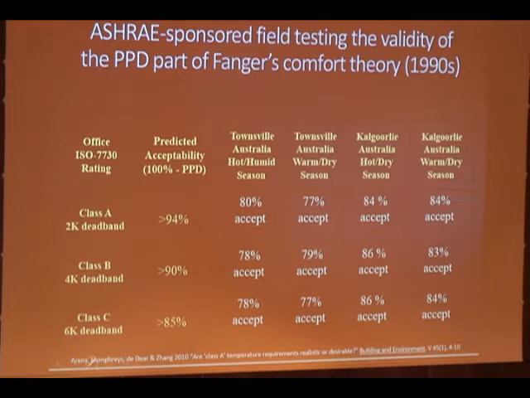And when we analyse the data collected in those field campaigns and, if you like, filter out just those observations that complied with the Class A prescriptions and the Class B prescriptions and the Class C prescriptions, we should theoretically see that PPD, predicted percentage dissatisfied, increases as we go from Class A to Class B to Class C. So here we've got some studies from a hot, humid climate zone in the north of Australia, and as we descend from Class A temperature prescriptions down to Class C, there's no discernible impact on the levels of acceptability.